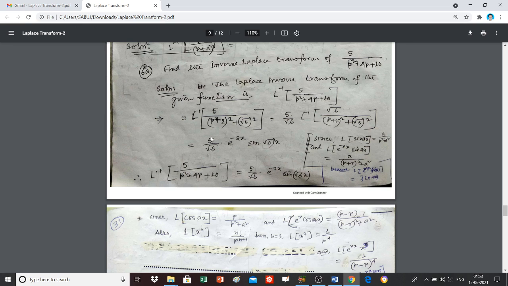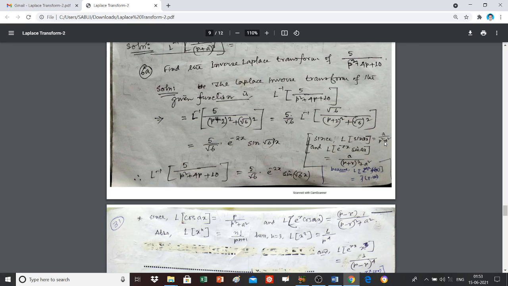That is equal to 5 by root 6 e to the minus 2x sine square root 6x. Why? Because the Laplace transform of sine ax is equal to a by p square plus a square. In this case a is root 6.